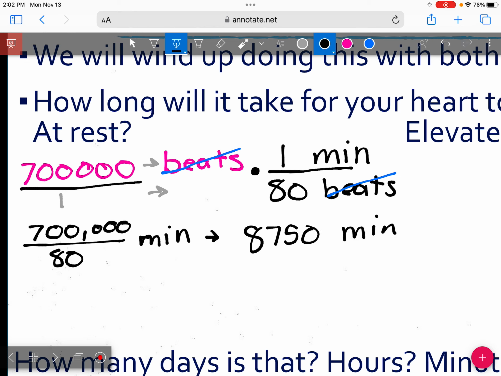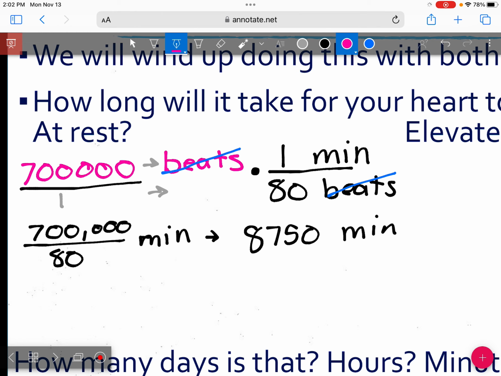Super awesome. We love that, right? How the heck long is that? That's all well and good, but realistically, I don't know how much that is. So how could we switch this to be hours? What can I do to switch this to be hours? 60 minutes.